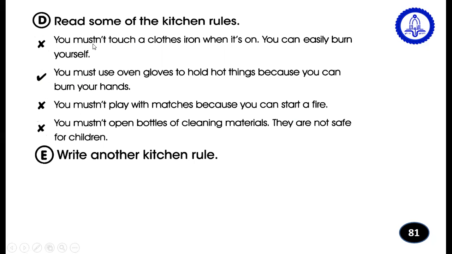So the first sentence: you mustn't touch a clothes iron when it is on. You can easily burn yourself. Again, you mustn't touch يجب أن لا تلمس a clothes iron مكواة الملابس when it is on عندما تكون مربوطة على الكهرباء وتشتغل.